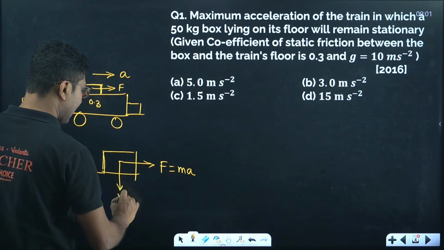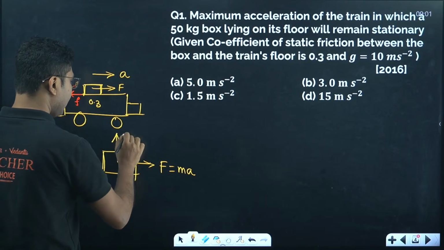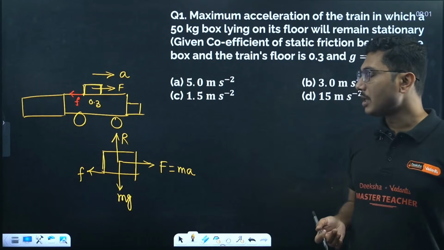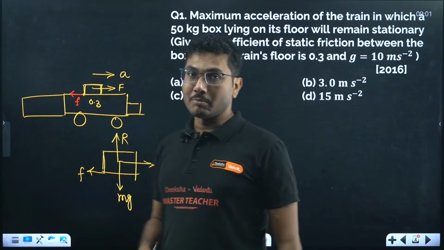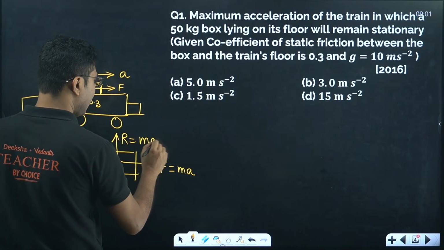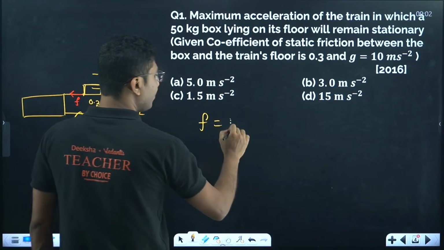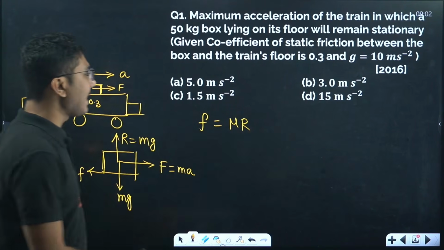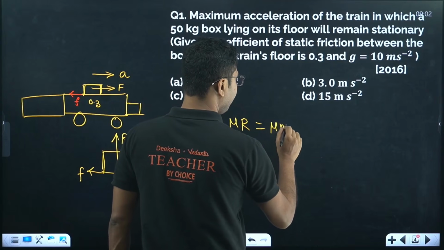Weight is given by mg, and the normal reaction, because in this particular case the box is kept flat, will be exactly equal to the weight, that is mg. And remember, force of friction is always equal to mu R. If the body is flat, it can be simply written as mu mg.